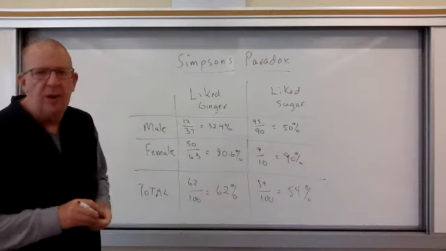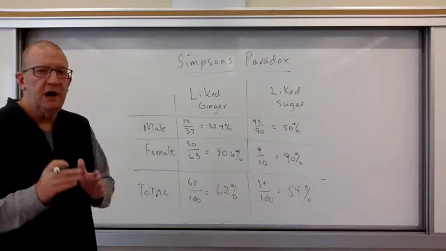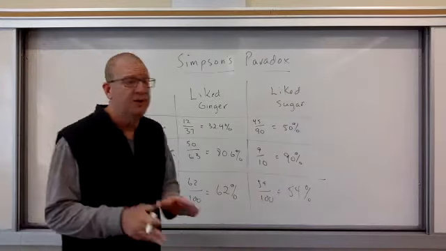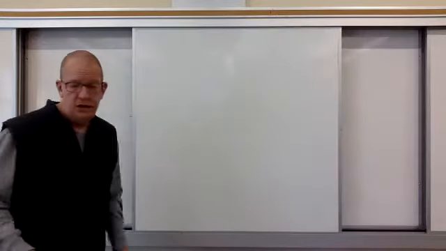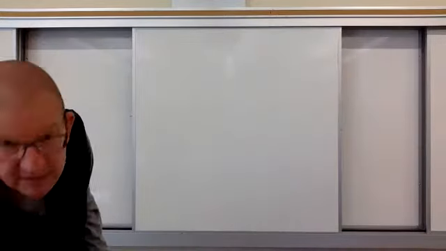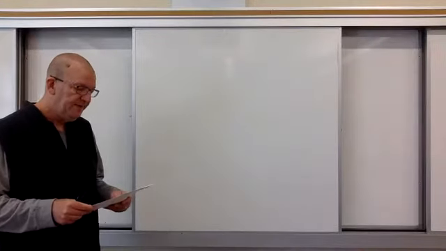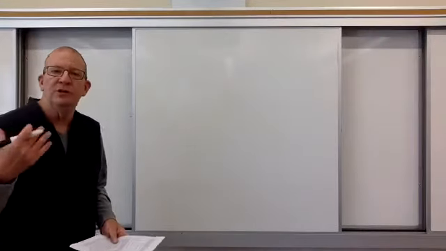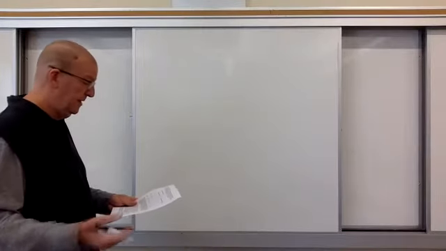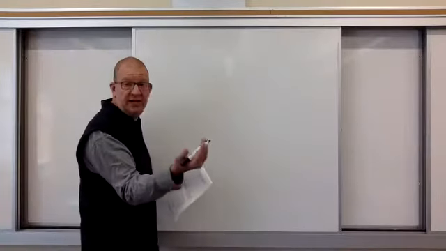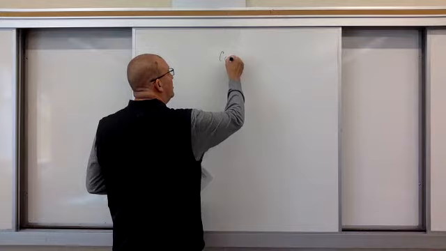Let's take another one whose results are a little more dangerous. You're going to do a drug test, okay? A drug promising to reduce the risk of heart attack was tested on 2 groups. This is how drug tests work, by the way. You have what's called a control group.